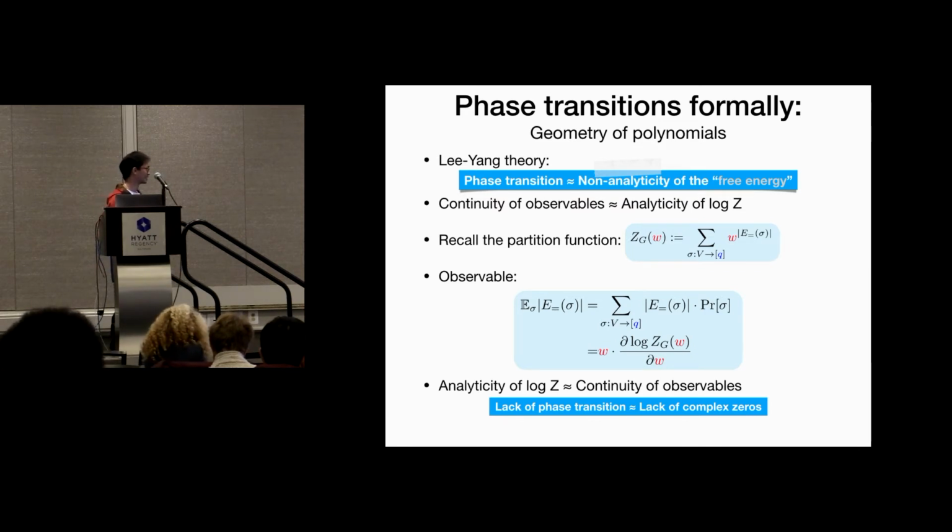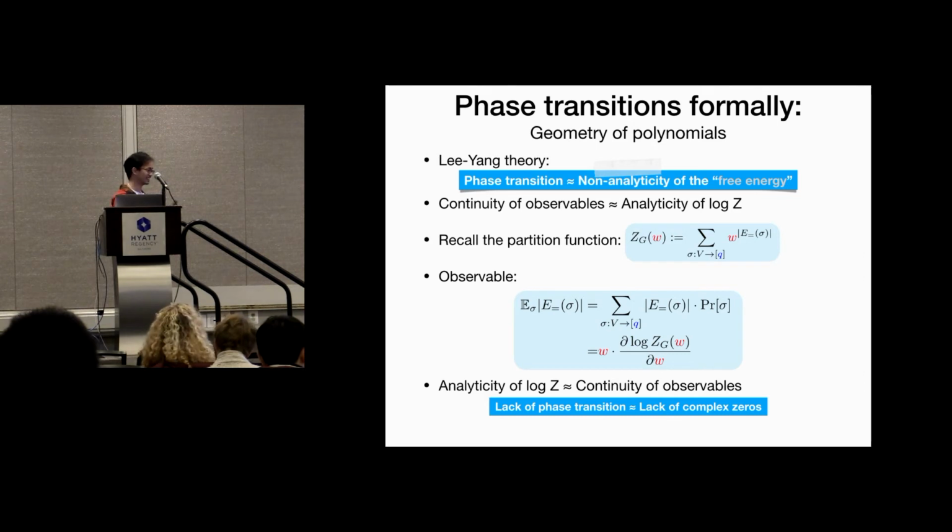Roughly speaking, in order to see a continuous observable, we need the right-hand side also to be continuous. In other words, we would like the log of the partition function to be analytic, so this will be a continuous function in W. A little bit of complex analysis will tell you that the logarithm is only non-analytic at 0.